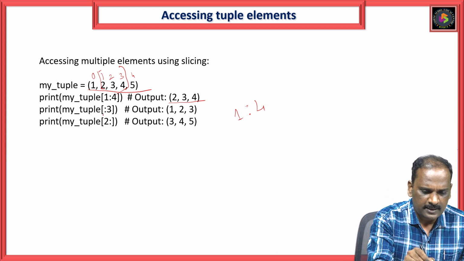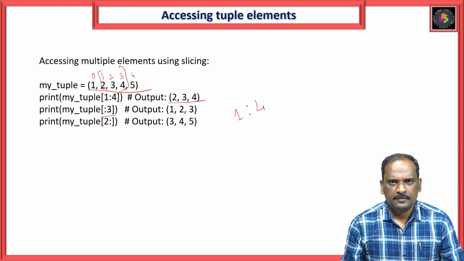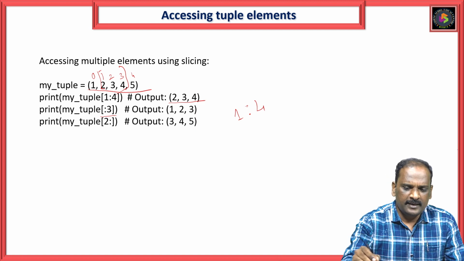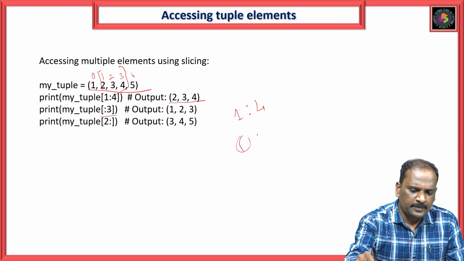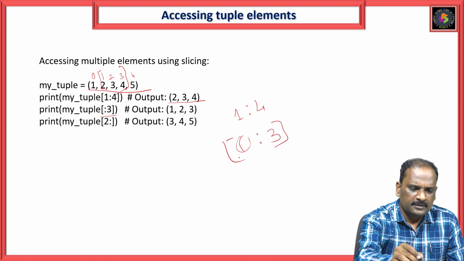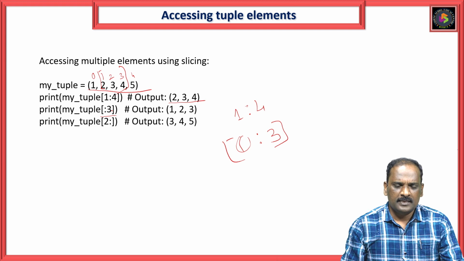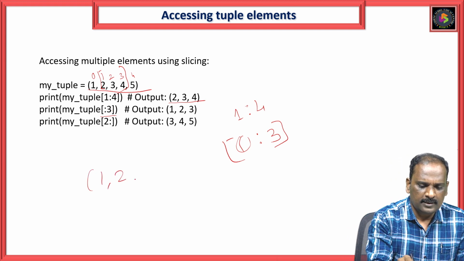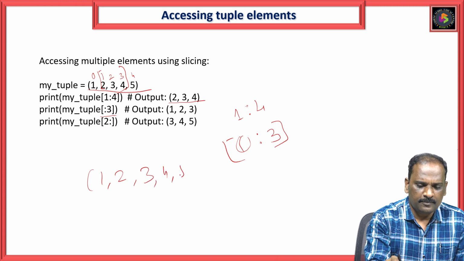Now here we observe that my tuple of :3. Here we have not specified the starting index. As we seen in the list, the starting index, if we do not specify, will always be 0. So this is nothing but as if we have given 0:3. Now what are the elements? The elements are 1, 2, 3, 4, 5.